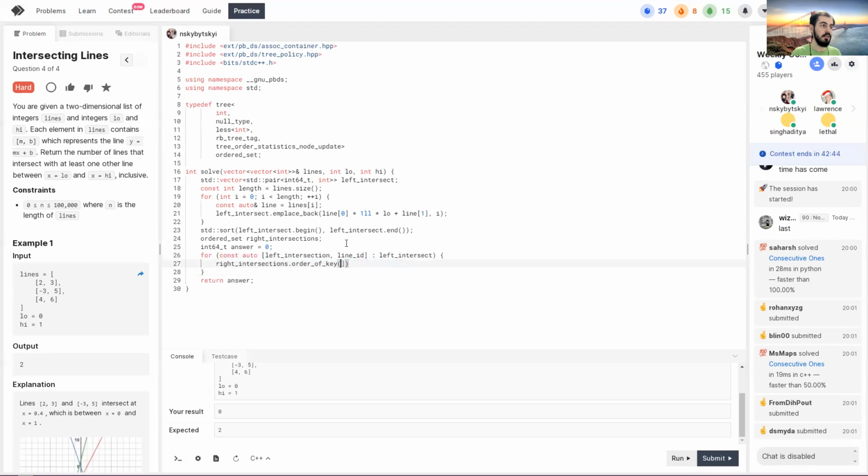Again, we can grab ourselves a line: order_of_key of line 0 times 1 long times high plus line 1. Either plus this or plus the remaining size of the right intersections.